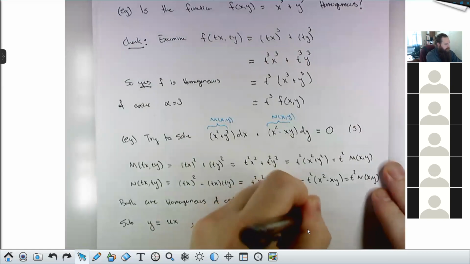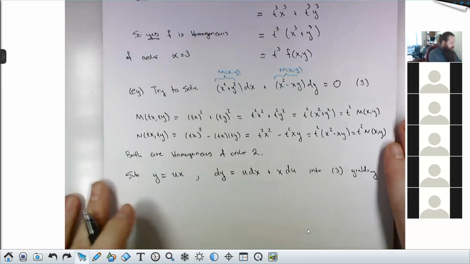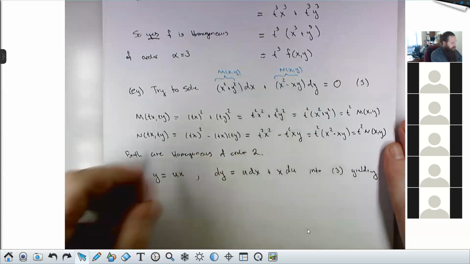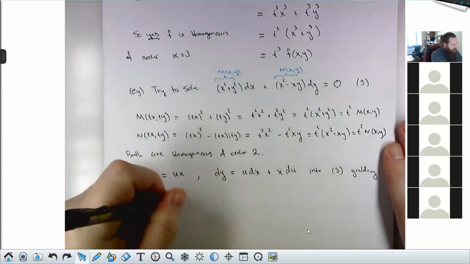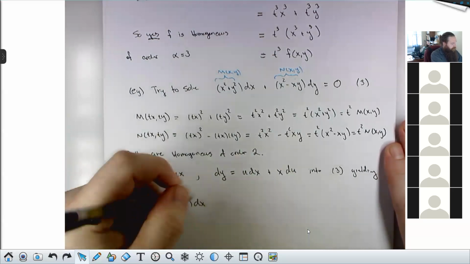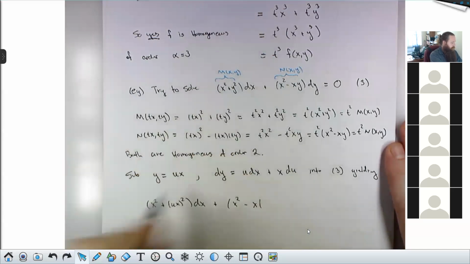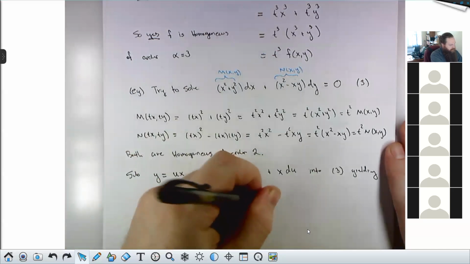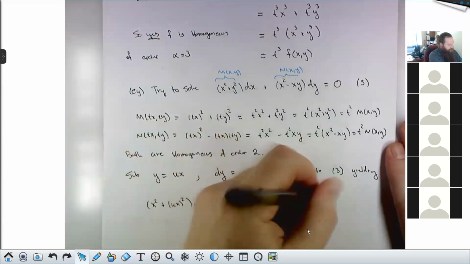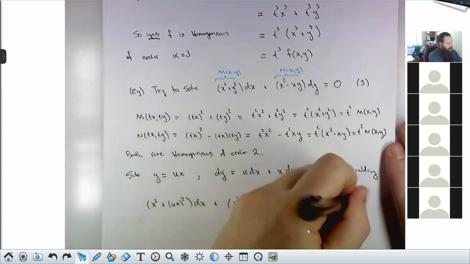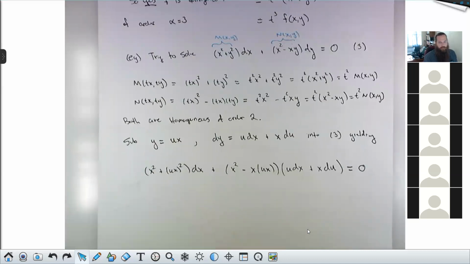So subbing this into 3 yields: I'll have x squared plus ux squared times dx plus x squared minus x times y, which is again ux, times dy, and dy is u dx plus x du. And all of this is equal to 0.